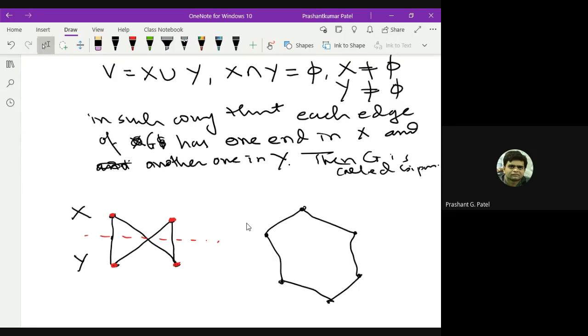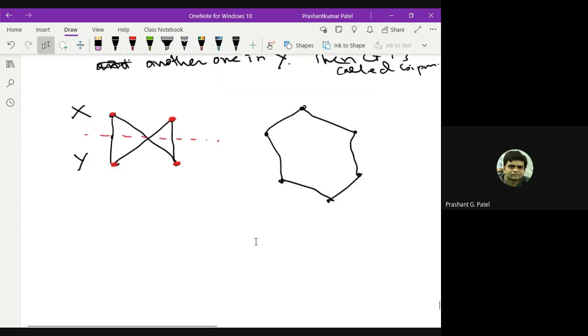Why? You can see this. So if I call this V1, V2, V3, V4, V5 and V6. Now V1 is connected with V2 and V6.